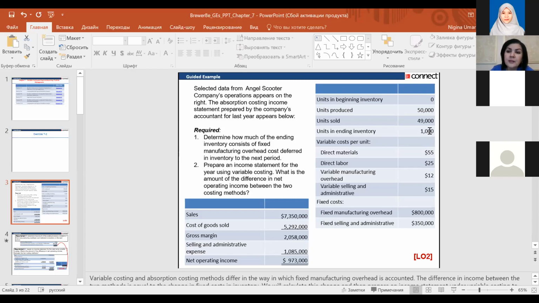So what is the amount of this fixed manufacturing overhead in dollars? Can you calculate this? What do you think? How do we calculate? Fabrianti, Salma?